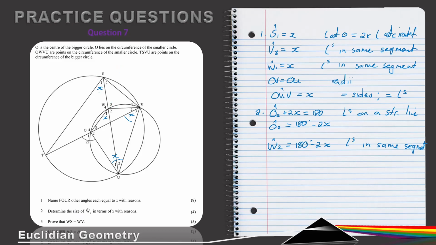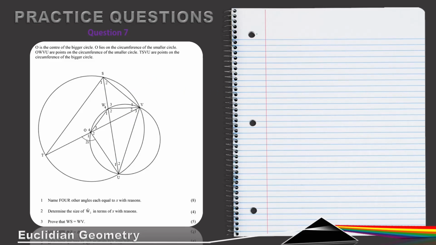So to do that, I'm just going to clear the page, start a clean page. So this is 3. And just as a reminder, we saw that this is x, this is x, this is 180 minus 2x, and then we know that this is x. Okay, what else was x? This was x.